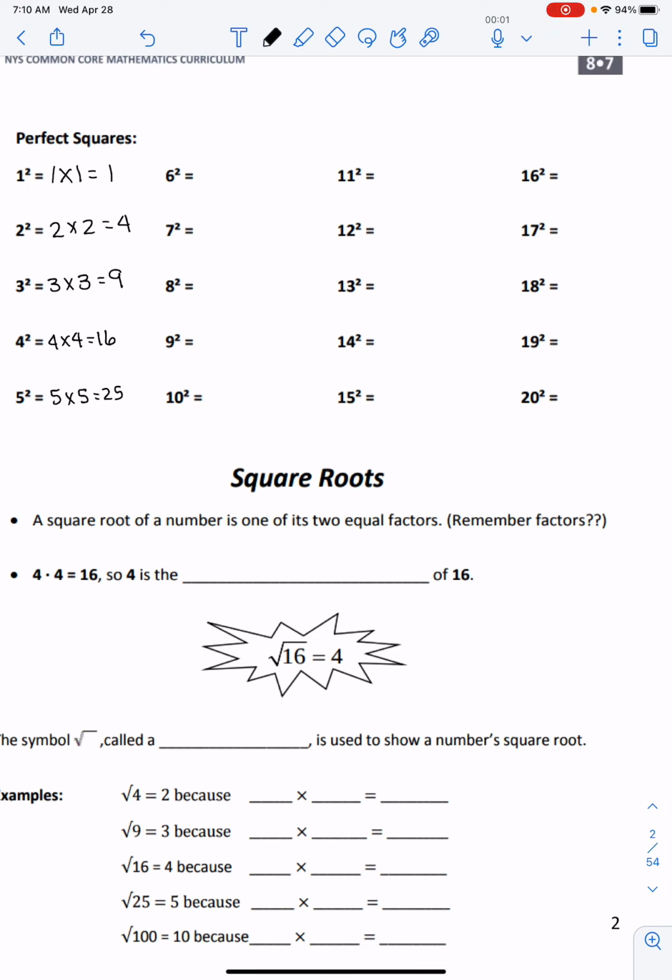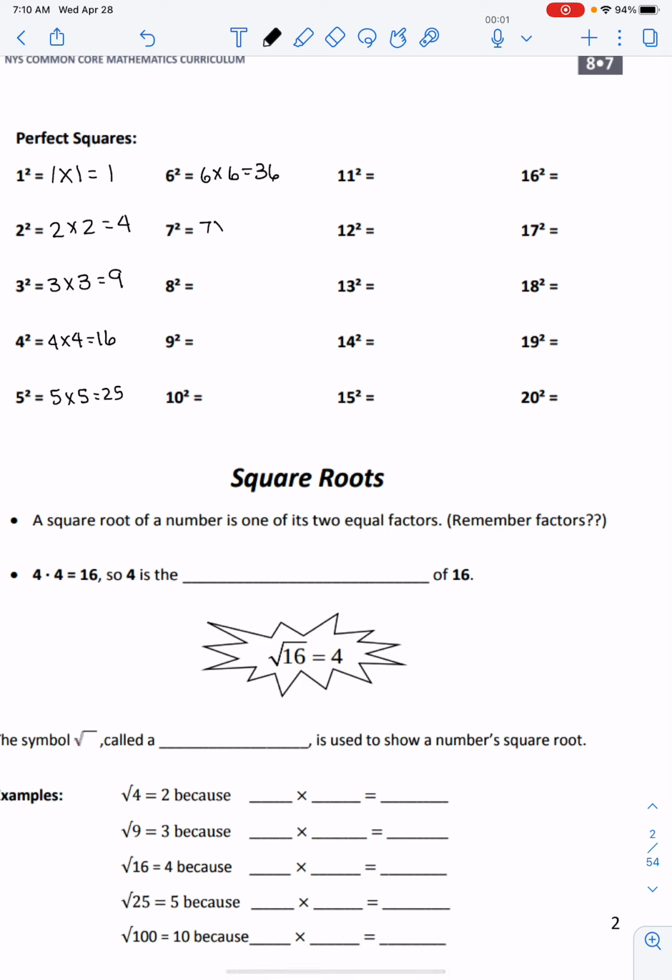And so on. So as we go through these, 6 times 6 would equal 36. And I am going to go through these very quickly.